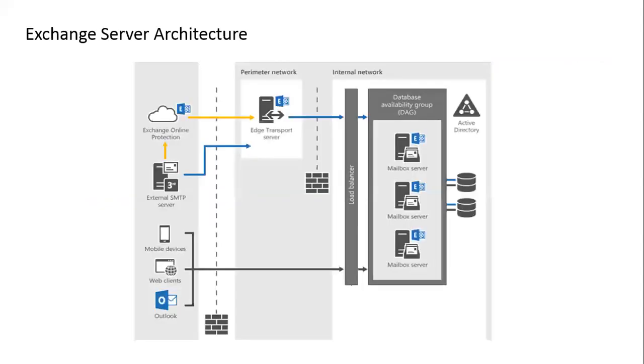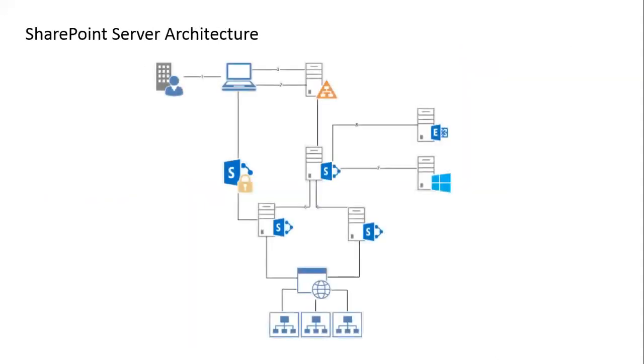So, for example, if we have a look on a high-level Exchange server architecture, you're going to see an Active Directory component sitting somewhere in between. That is not only for Exchange. If we look at SharePoint, here is a simple architecture for SharePoint. So you'll find 1, 2, and 3, and 4 SharePoint logos.